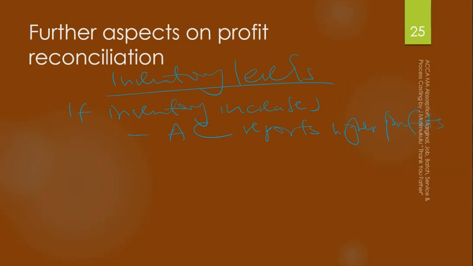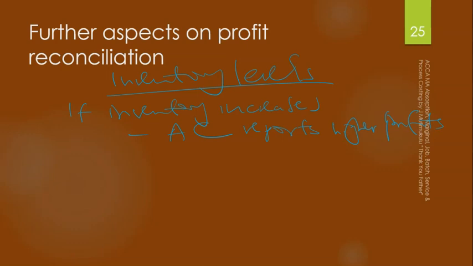Okay, why? Because fixed overheads are included in closing inventory. So the fixed overheads are included in closing inventory, which in other ways reduces the cost of sales.